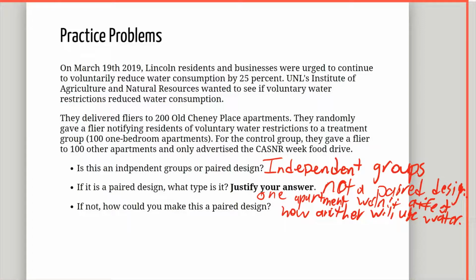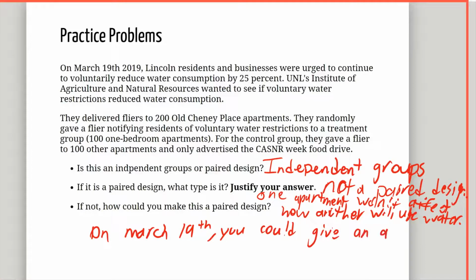Here's an idea. You could say on March 19th, you could give an apartment one type of flyer.